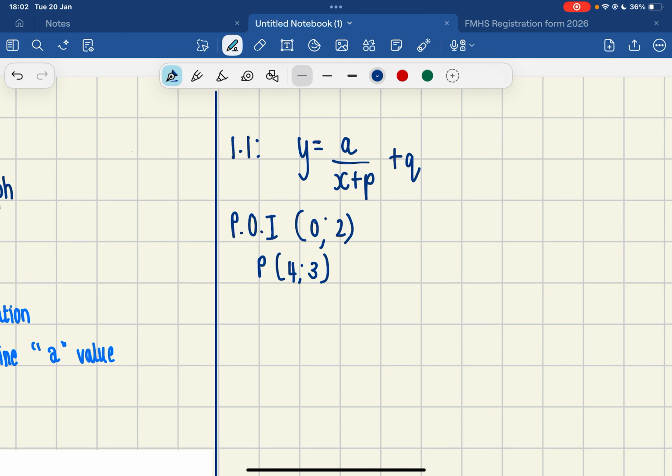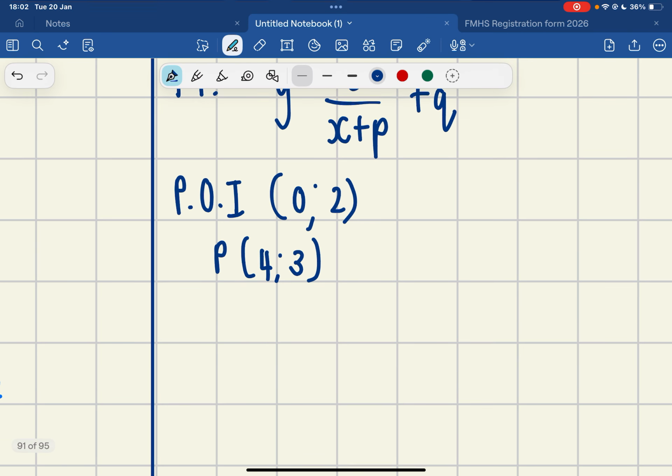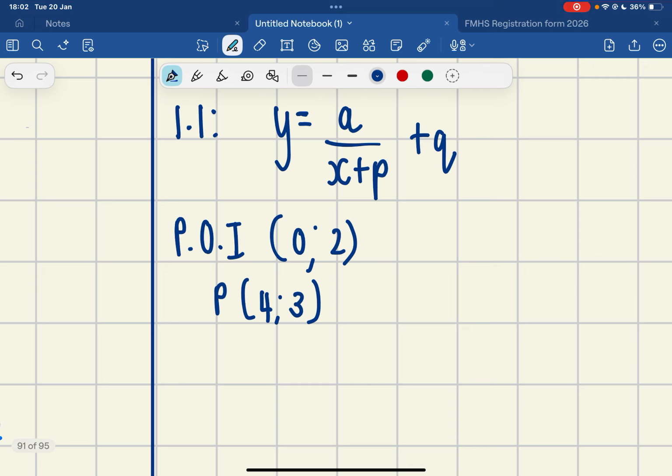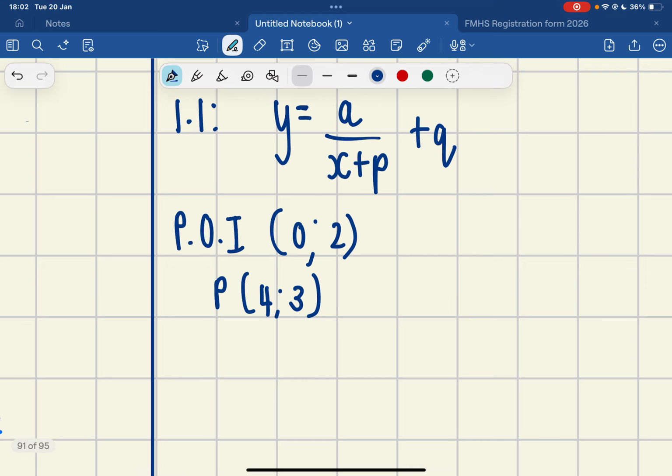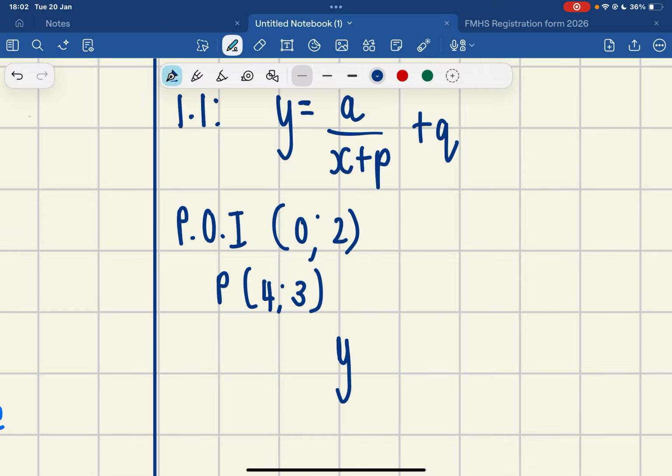So let's quickly substitute in what we know. Given this formula, before we even start, we just need to write down y is equal to a over x plus 0, because p is 0, and our q value is 2, plus 2.